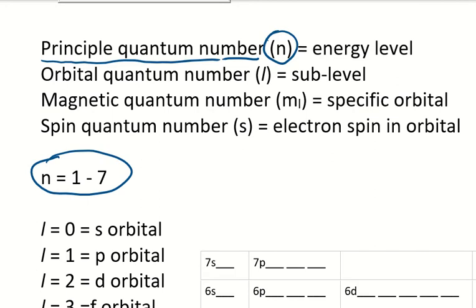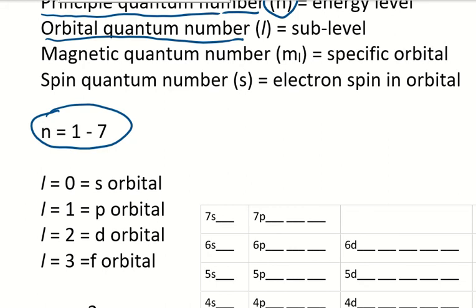So, the next one is the orbital quantum number. These are your sublevels. How many sublevels do you have, Blake? We have an S sublevel, a P sublevel, a D sublevel, and an F sublevel.